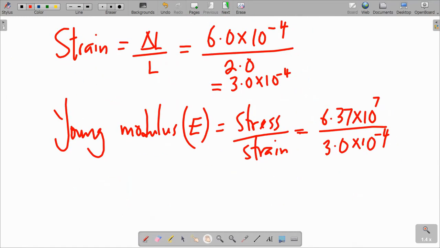So quickly plug this into our calculator. Our Young modulus E is going to be equal to 2.12 times 10 to the power of 11 Pascal. Okay, that answers this question.